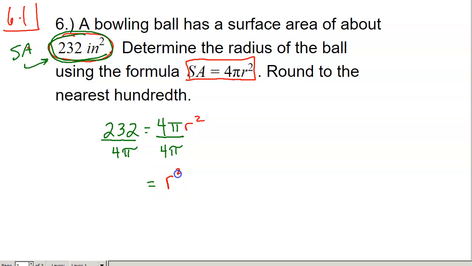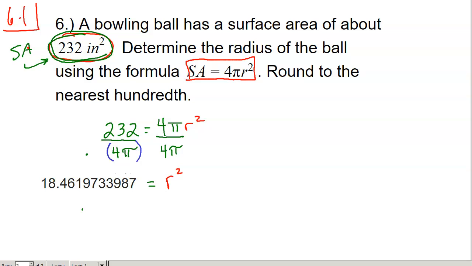So now I'm going to be left with r squared on the right, and that's going to equal about 18.46, etc. Make sure that when you plug this into your calculator, if you're doing it like this, put this into parentheses here, because otherwise you're going to get an order of operations error, and it's going to probably give you something else. So you should get about 18.46, etc.